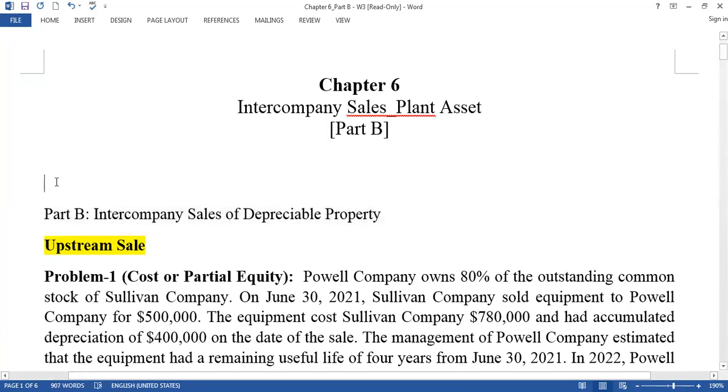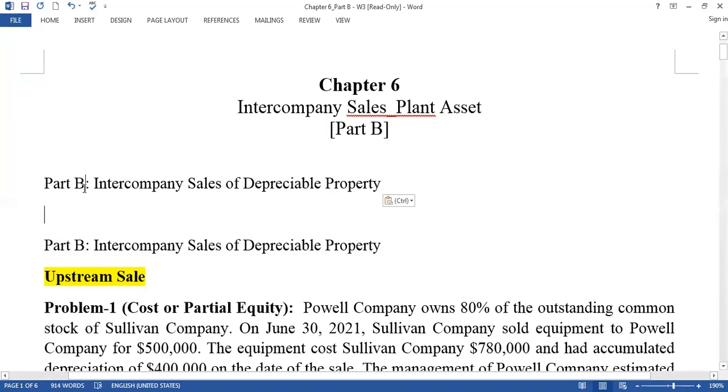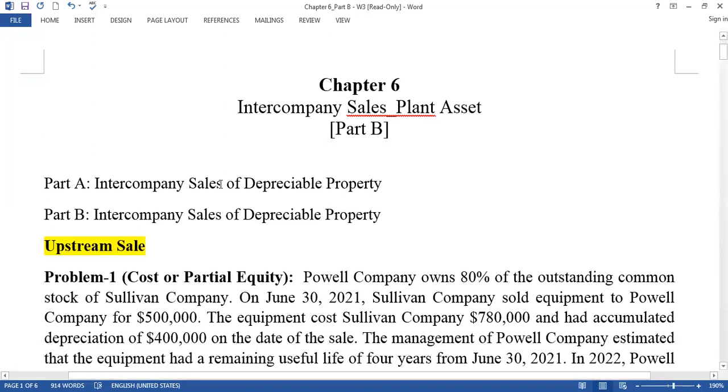And in part A, we discussed intercompany sales of non-depreciable property. If you find the property is about land, then it is non-depreciable.